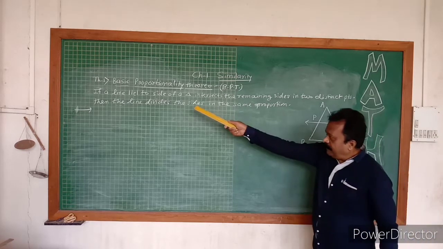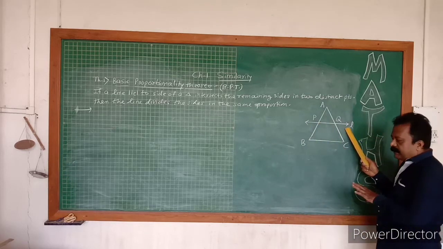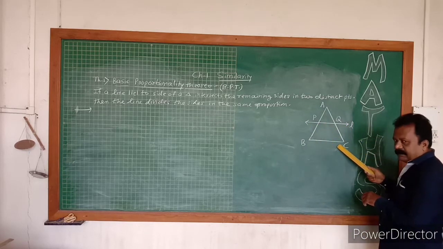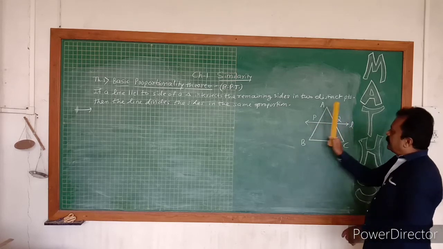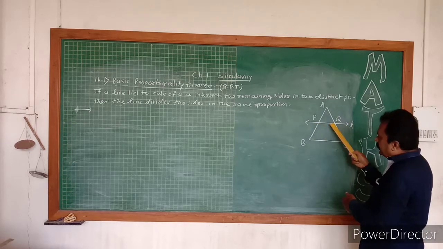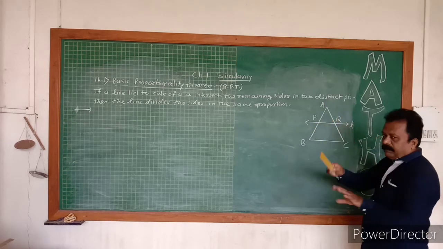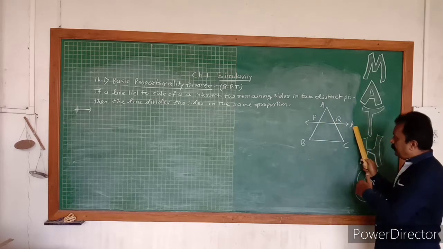Again, if a line L is parallel to a side of a triangle, it intersects the remaining sides AB and AC in two distinct points. Distinct means different, so they are intersecting this line at different points.